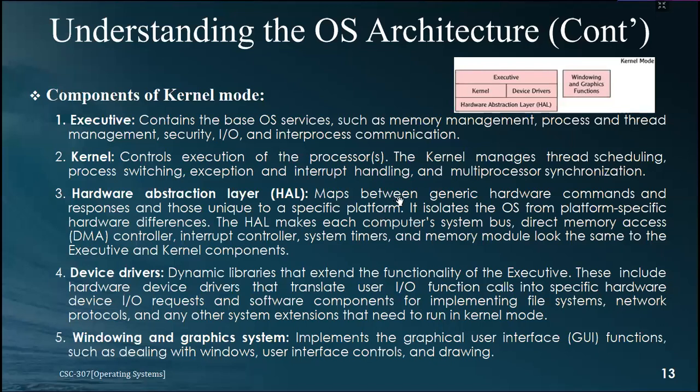It can be done using the computer system bus, direct memory access, DMA, that we learned in the last lecture, the interrupt controller, system timers, and the memory module. If you combine all of this, the system bus, the DMA controller, the interrupt controller, then we have kernel components and executives, they actually make the hardware abstraction layer.